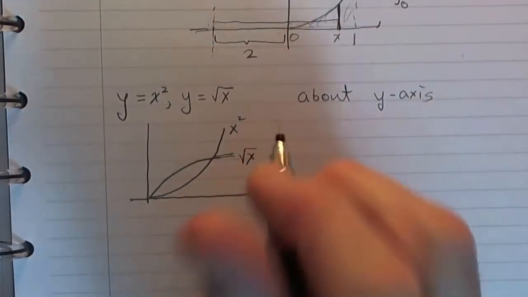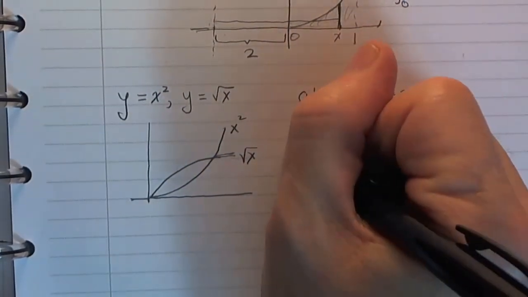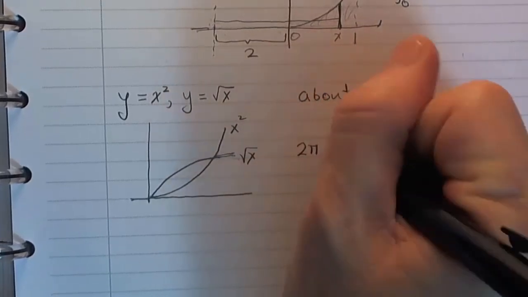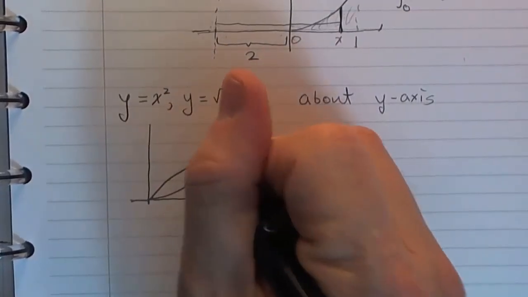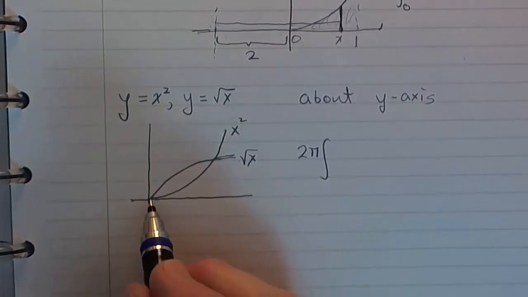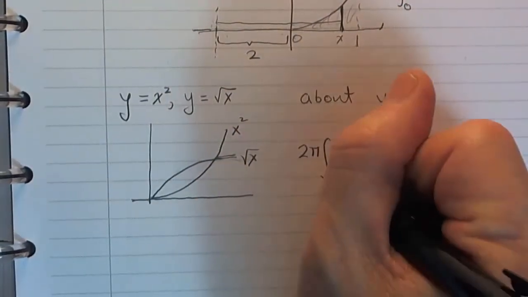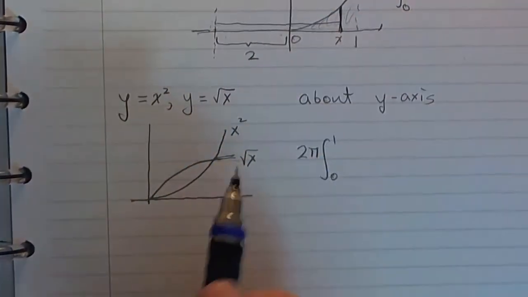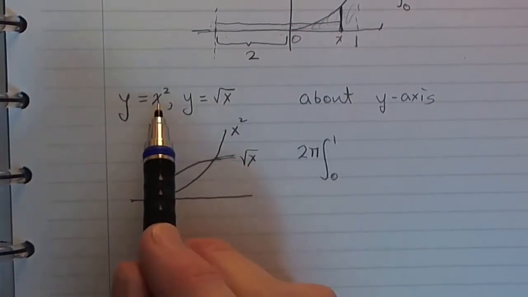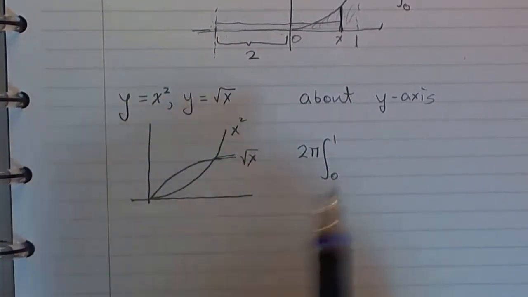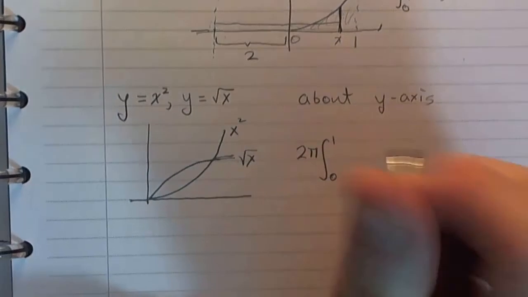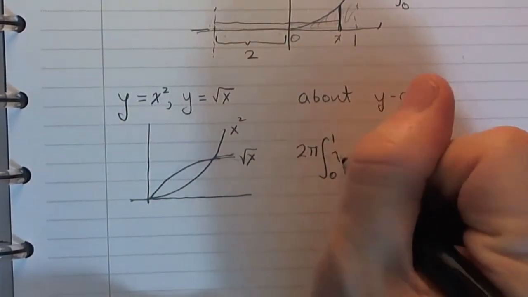Now look, here's what I'm going to do. I'm going to say 2 pi. Now these intersect at 0 and at 1. So our bounds of integration are 0, 1. If we couldn't see that obviously, we would just set these two equal and solve. But now, we've got the radius to be x.